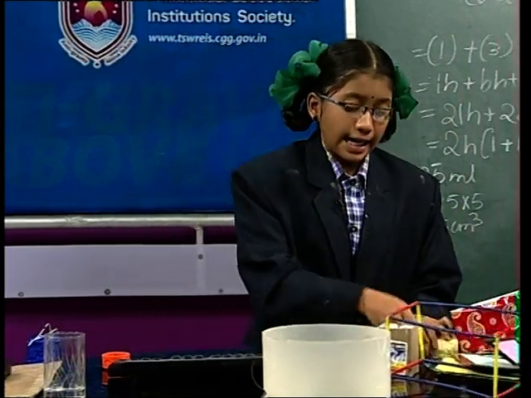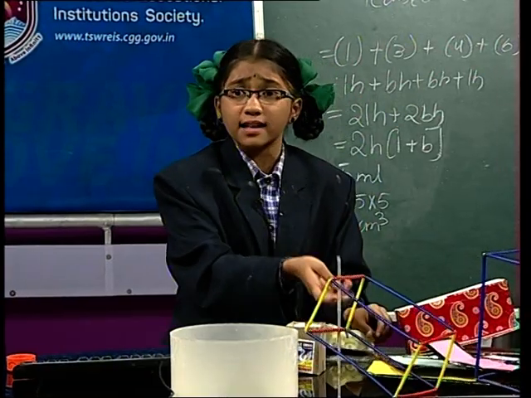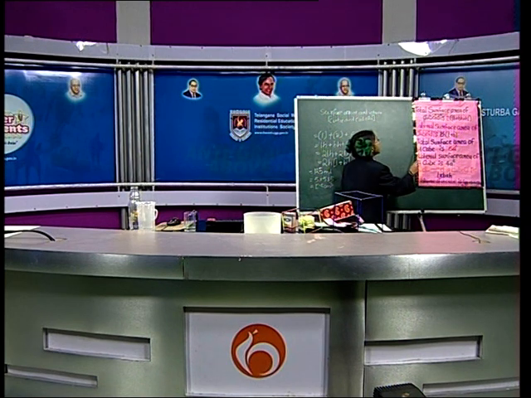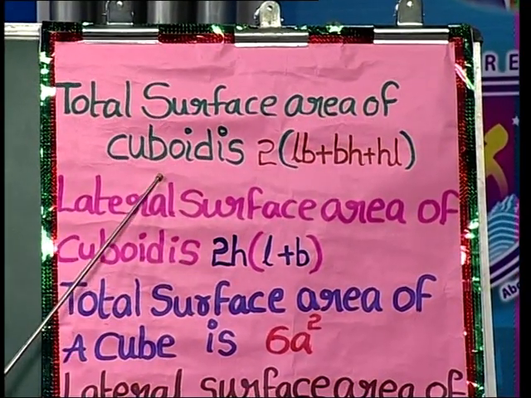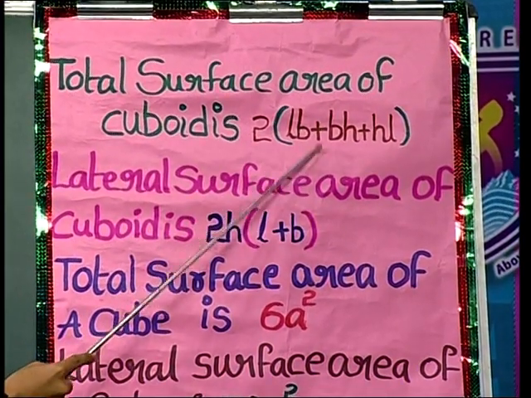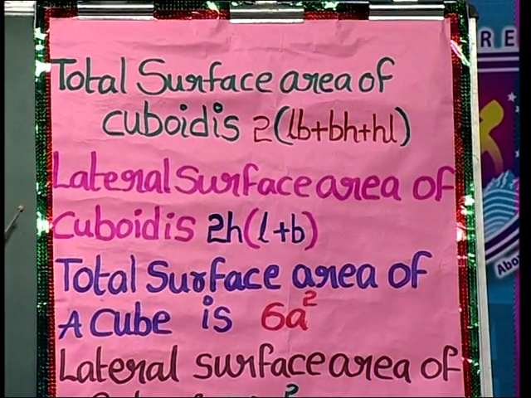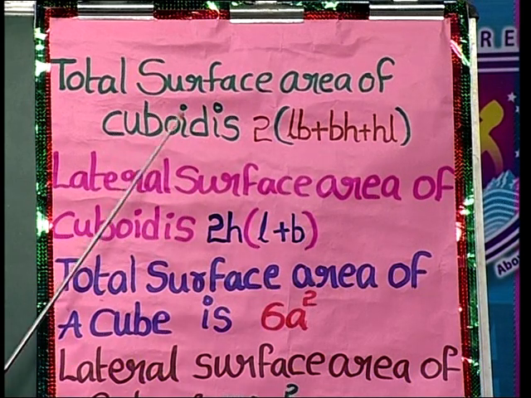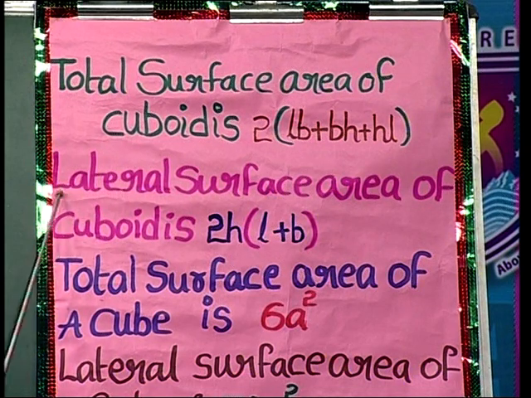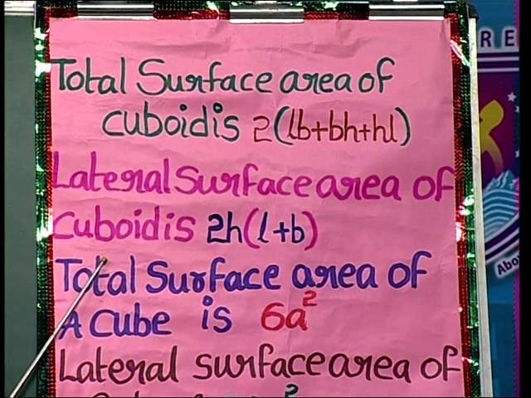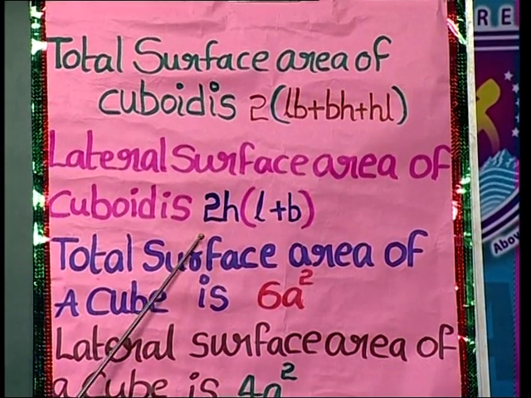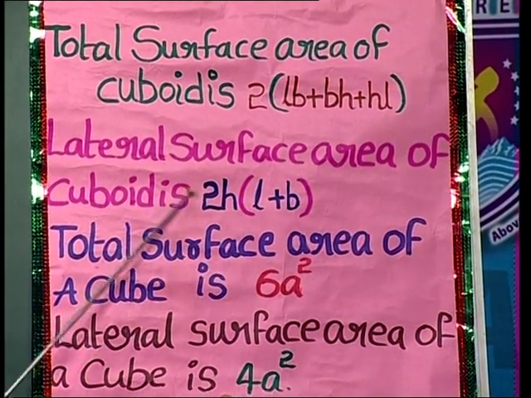So sparrows, let us revise our formulas. What is the total surface area of the cuboid? Very good. 2(LB plus BH plus LH) is our total surface area of the cuboid. Know these formulas, sparrows. Next, the lateral surface area of the cuboid is 2H(L plus B).